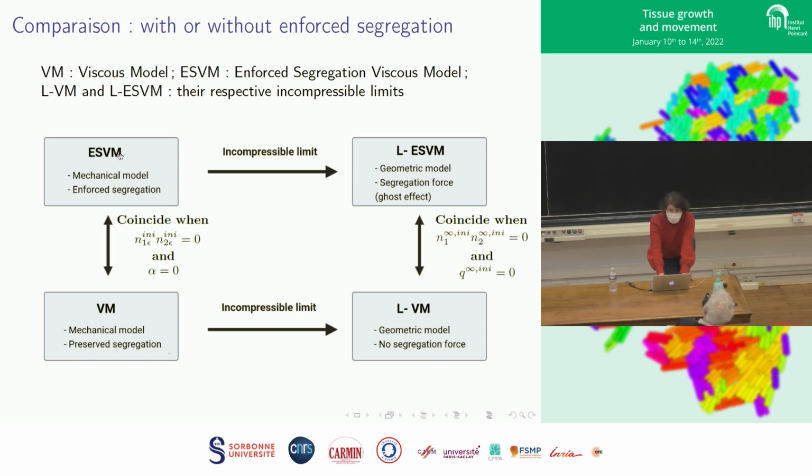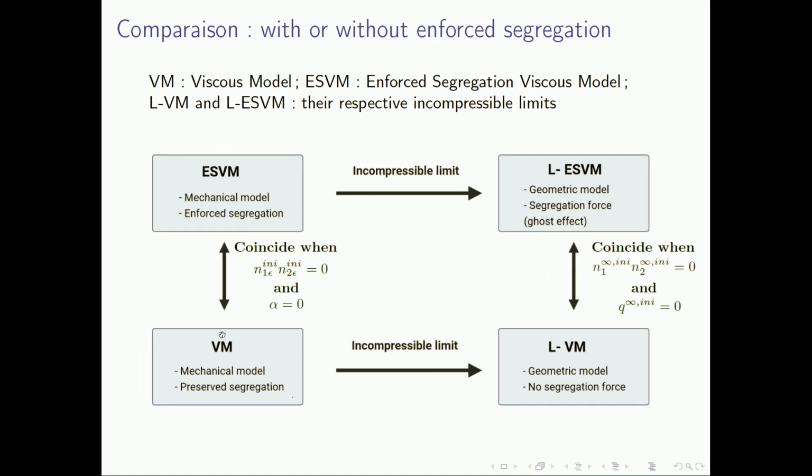Because then initially for the ESVM, Q will be 0, so you are equivalent to VM at time 0, and you keep being equivalent. So when everything is fully segregated, these two systems coincide.